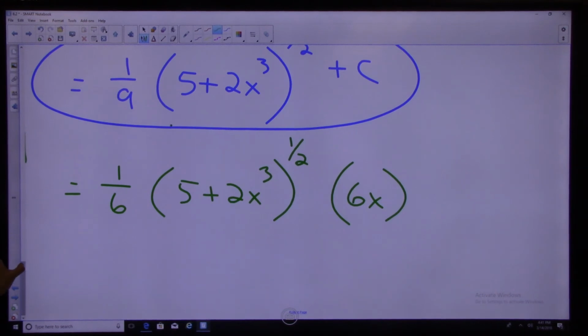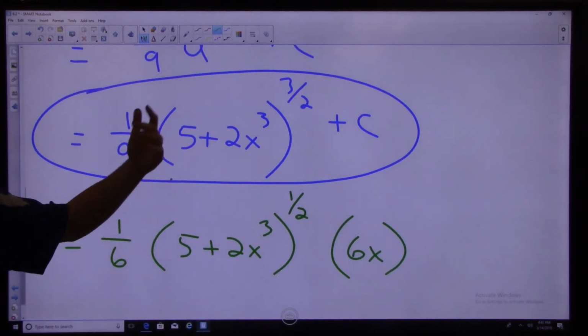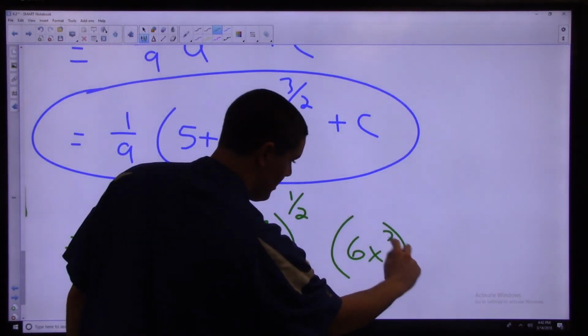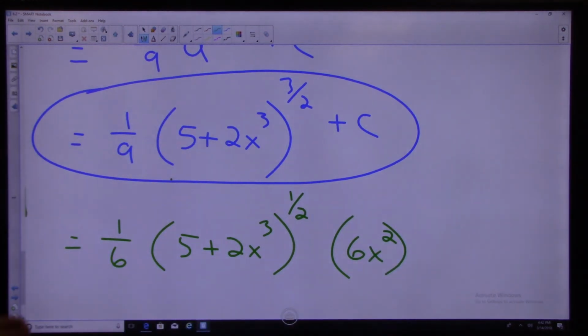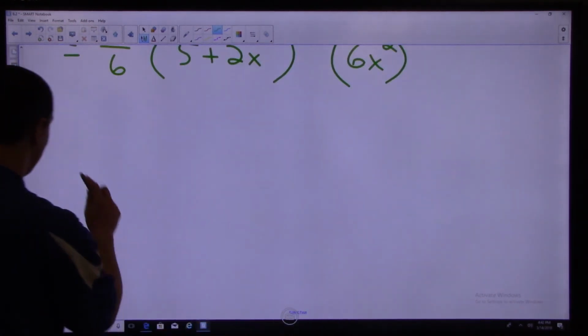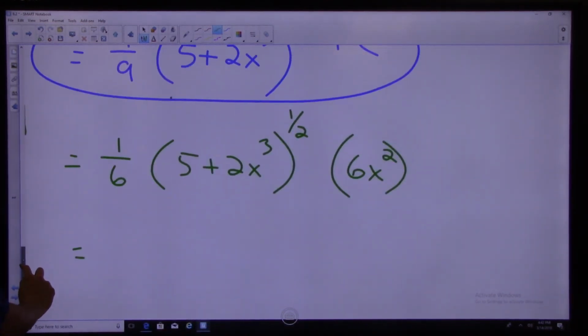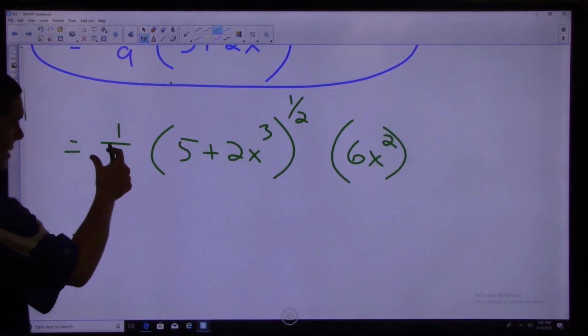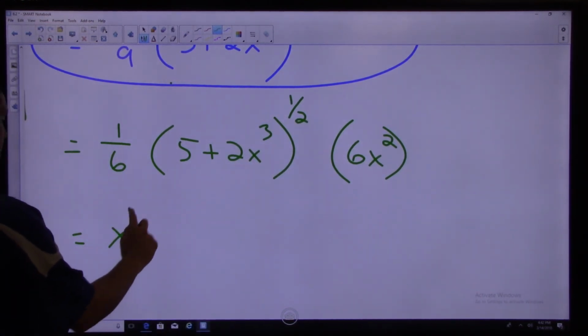Sorry, I messed something up, and I noticed it in the next step. It's not just 6x, it's 6x squared. Made a mistake there, make that change. And then 1/6 times 6x squared, I almost did it again. 1/6 times 6x squared is going to be x squared.